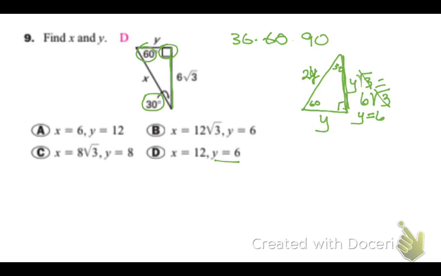Let's see what 12 is equal to. So x, this side here, the hypotenuse, is equal to 2 times y, which is 2 times 6, equal to 12. So x is equal to 12. So D is our answer. Again, you needed to know the 30-60-90, and then the tricky part was applying it here. I probably should have drawn my triangle in the same orientation as that one. It would have made it easier, and I wouldn't have had that initial mistake.